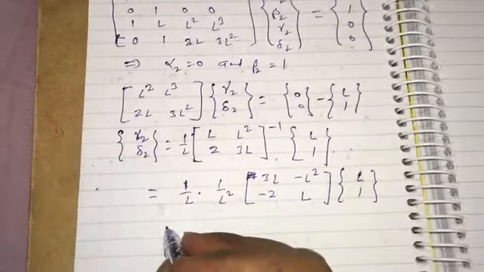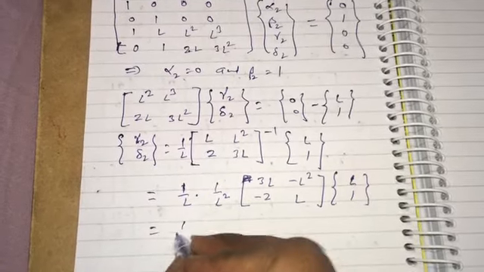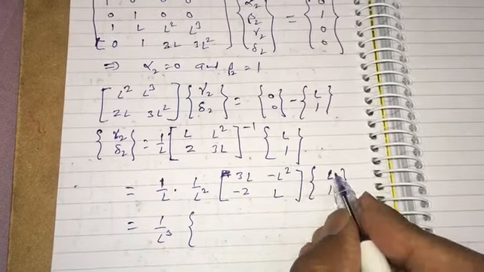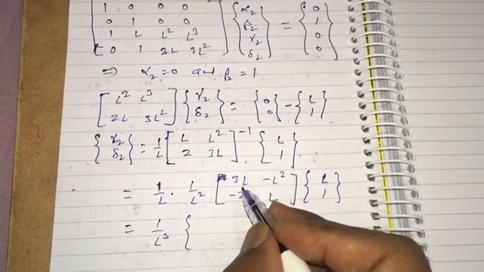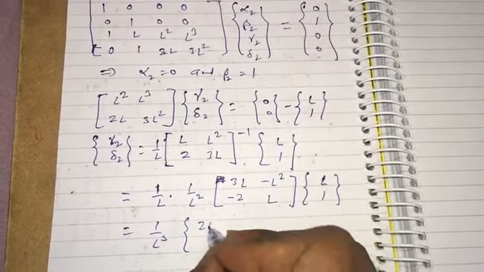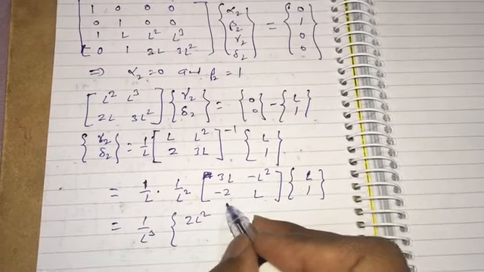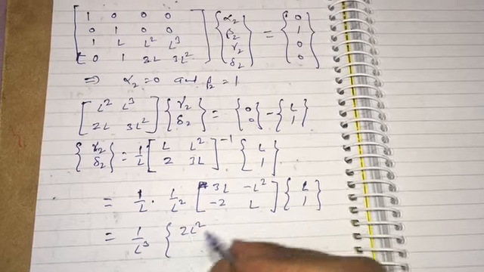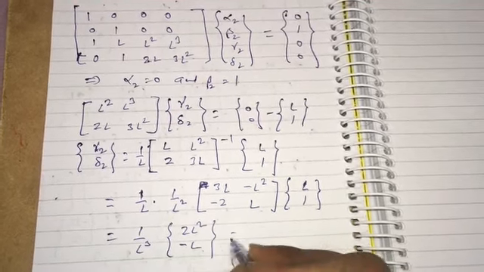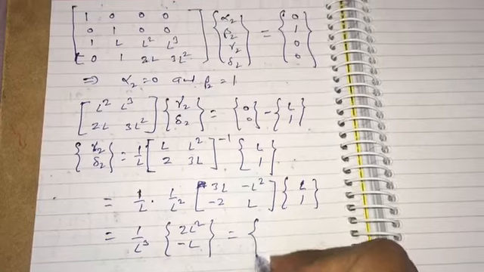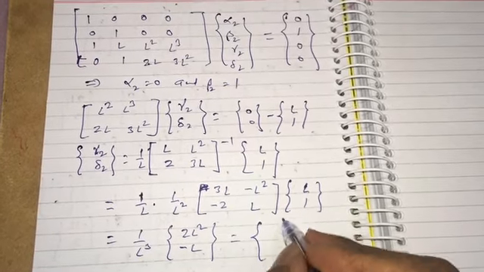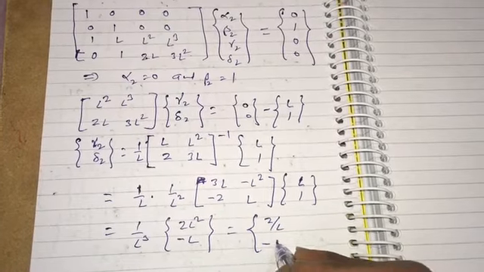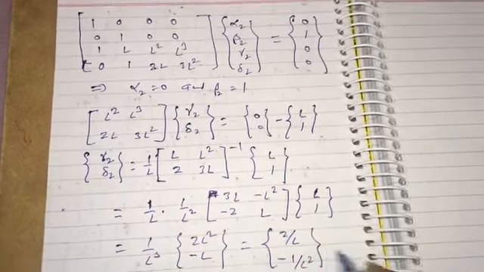Okay. So, what we get? 1 over L cube, and then we multiply here, so we get 3L square minus L square, so 2L square, and here we get minus 2L plus L, so minus L. Okay, so simply we get equal to 2 over L and minus 1 over L square.